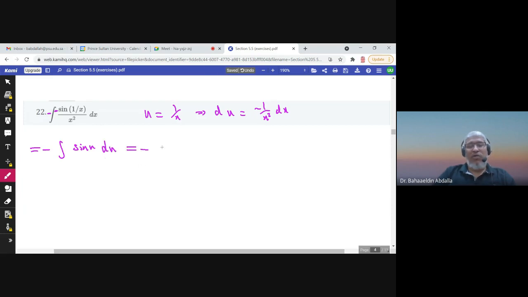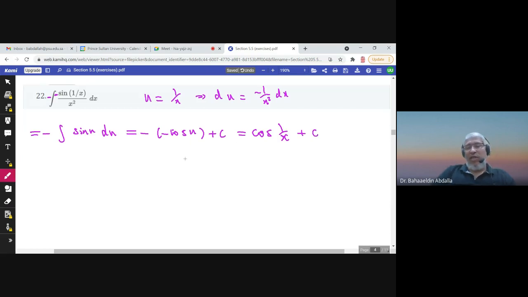The integral of sine is negative cosine u, plus c. So I will have positive cosine u or cosine 1 over x plus c.